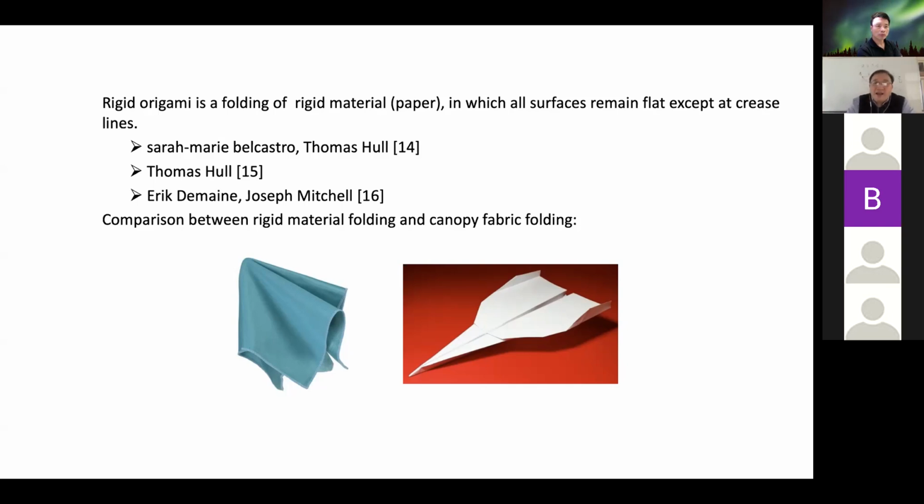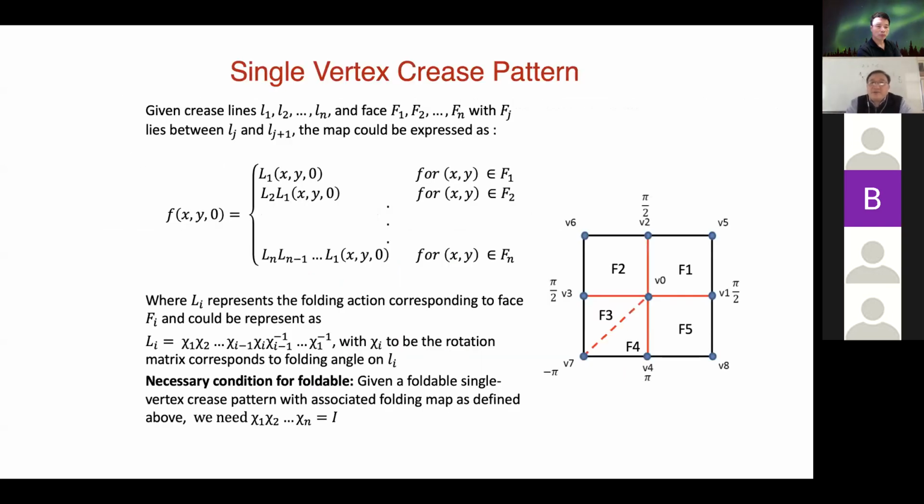There is a so-called crease pattern, and the folding itself can be programmed. The crease pattern can be foldable or not foldable, and there are necessary conditions for that. There are reference papers as well.